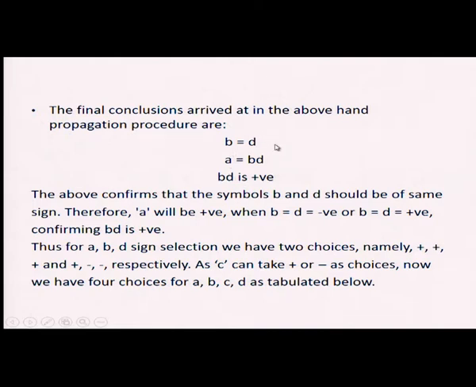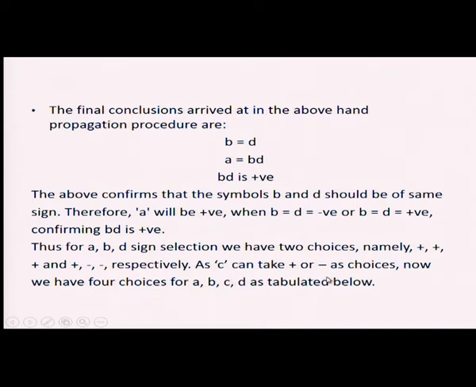So, this is the way you are fixing the symbols of A, B, C, D, E. Now, individual A, B, D can have two choices, right. Now, we have the answer only regarding A, B and D. For C, we did not get any answer in the process. So, therefore, C you can take either plus or minus.